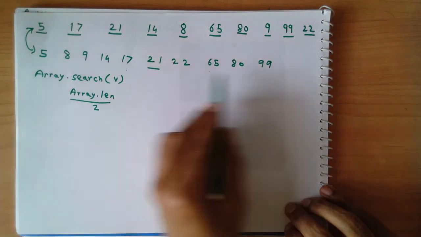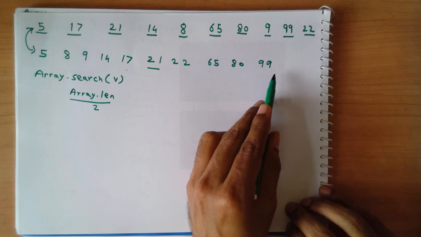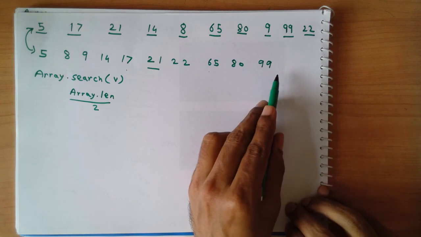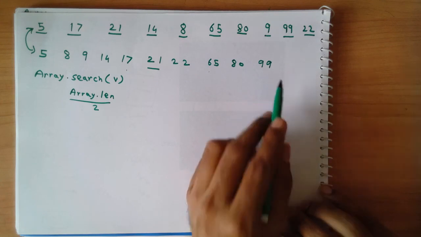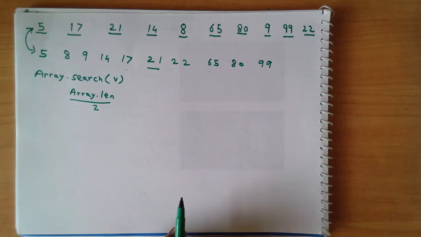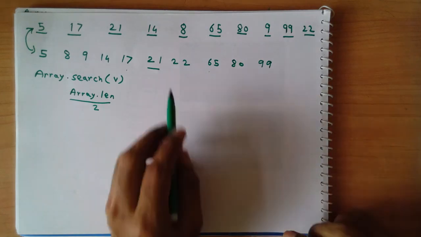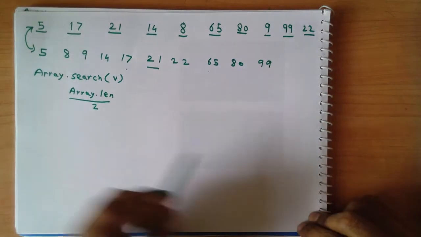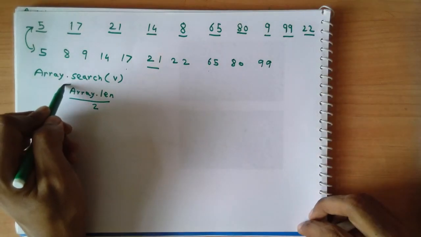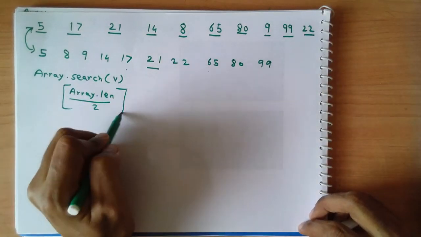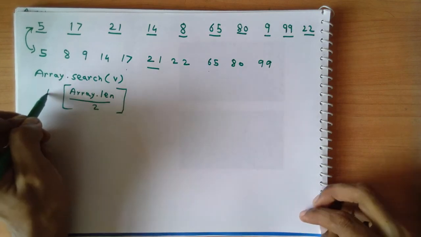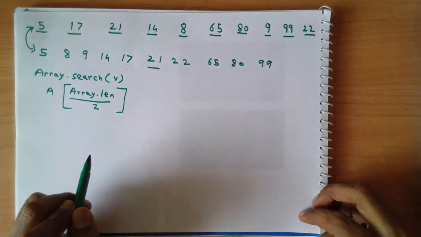So here array dot length is 10, right? And I divide it by 2. The answer is 5, which is actually the 6th element. Okay, index 5.